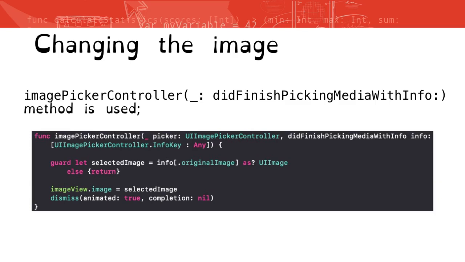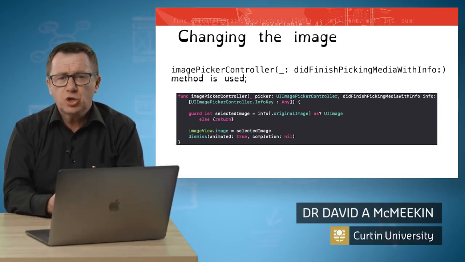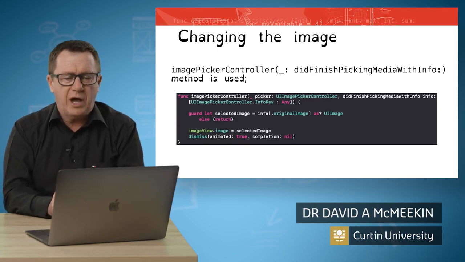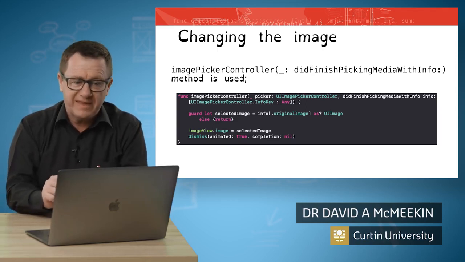Remembering back to our first course where we were looking at arrays and dictionaries, the key for this dictionary is of type UIImagePickerController.InfoKey. Now we start with the original image, and then we want to change it to the selected image. And you think now we're done. Not quite. Almost. One more thing.